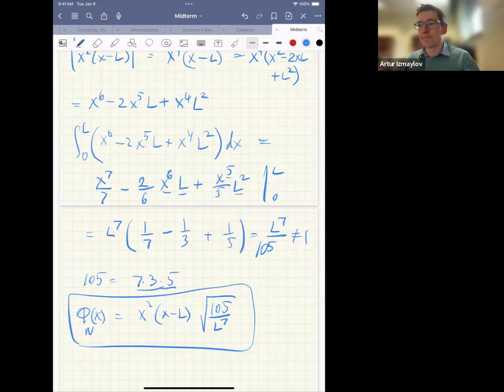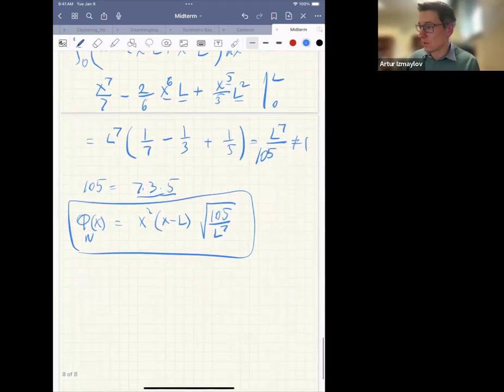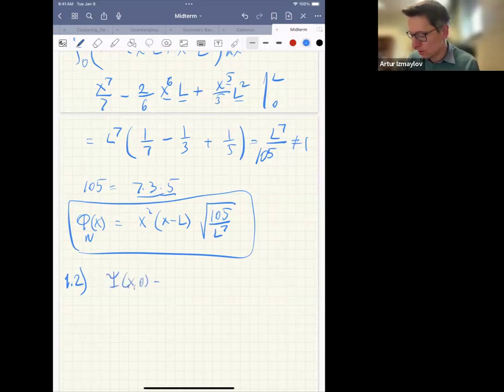Okay. Now we're going to solve the second problem within the first one. So it's 1.2. It asks whether this is a solution of the time-dependent Schrodinger equation, if the initial state at t equals 0 is phi of x, normalized.